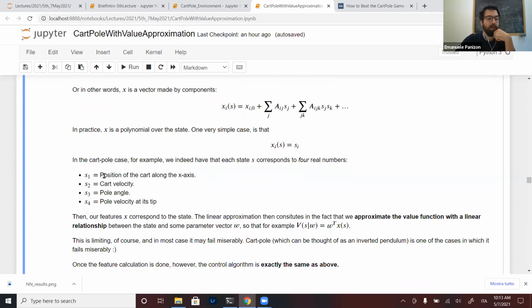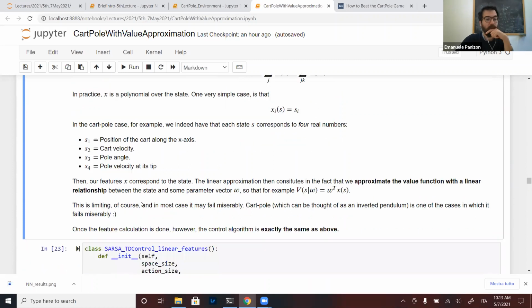Let's recall that the features are the position, the cart velocity, the pole angle, and the pole velocity. So the first two belong to the cart and the second two to the pole orientation. Then the approximation of the value is a linear approximation of these features. In particular, I will have to store a vector W, which is only 4 real numbers, and the value approximation is just the dot product between the weights and these 4 real numbers.